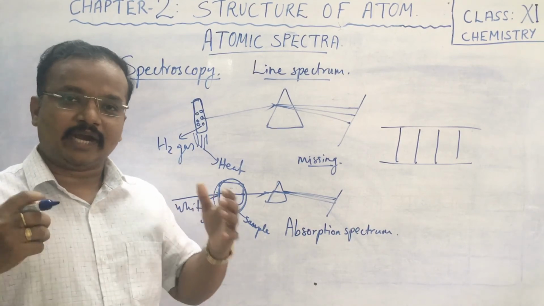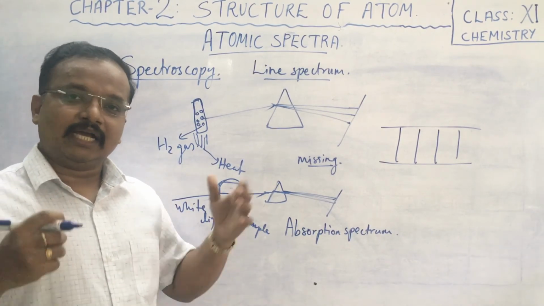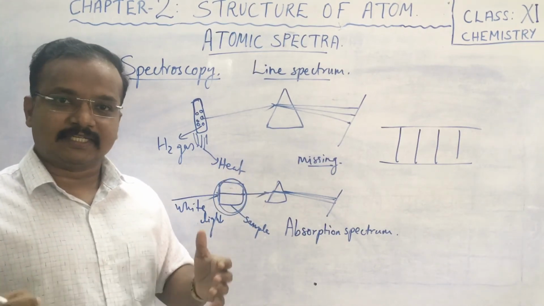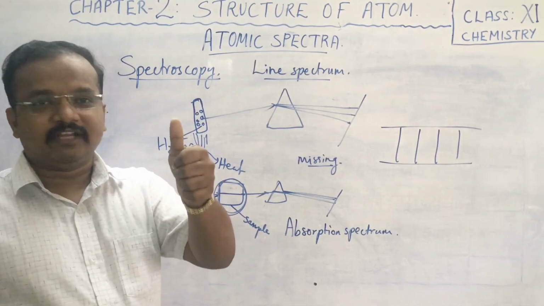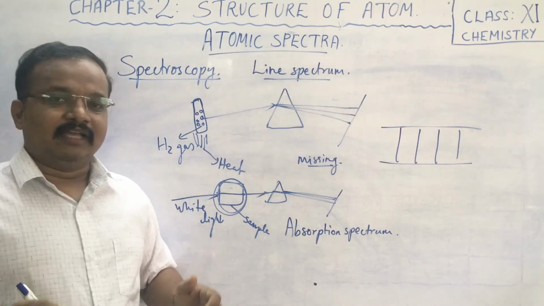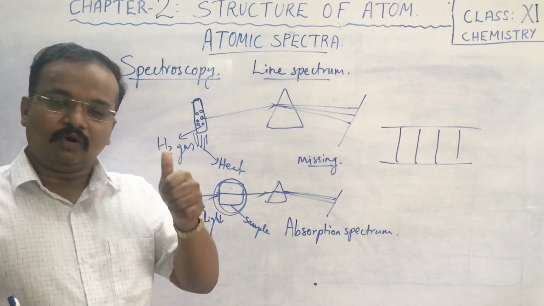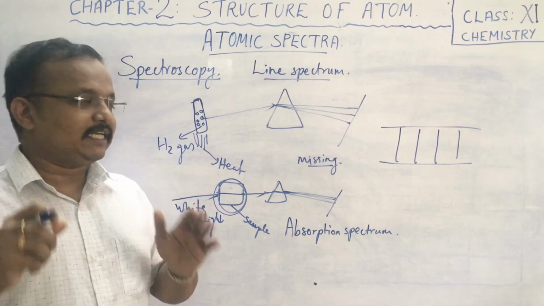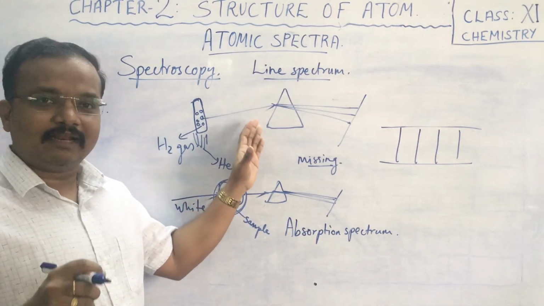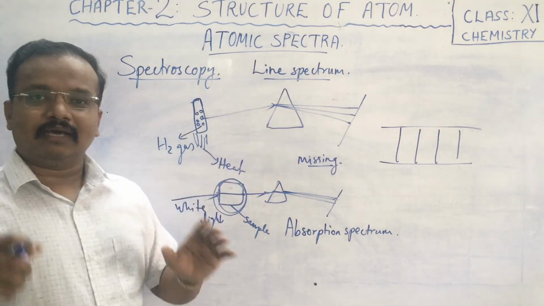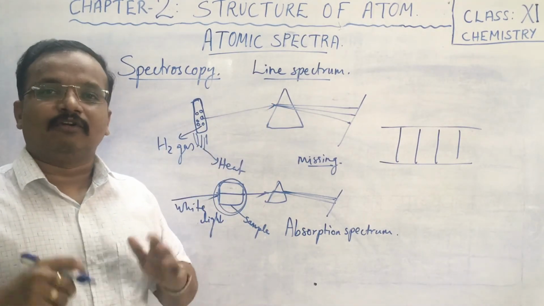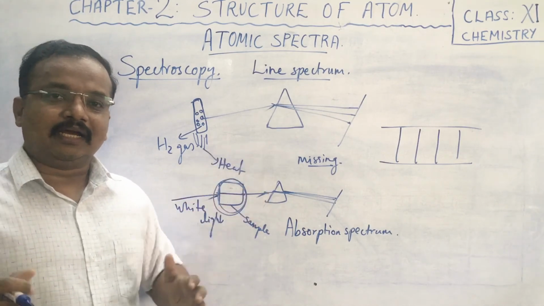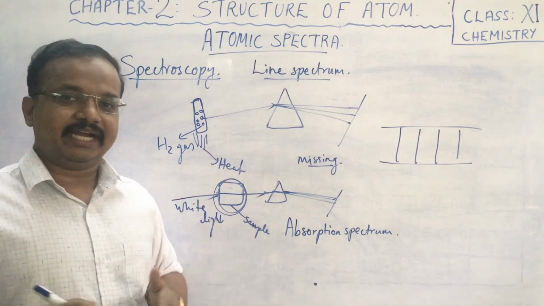It is like the fingerprints of human beings. A particular human being will have only a unique fingerprint, isn't it? In the same way, a particular element will have a particular line spectrum. It will not be changed. So by looking at the line spectrum, the element can be easily identified.